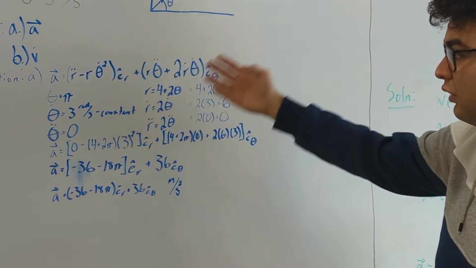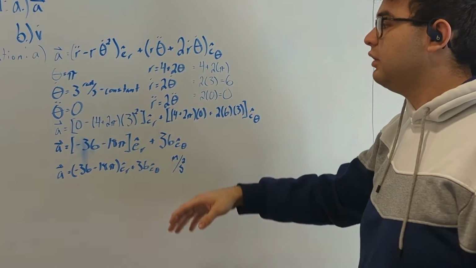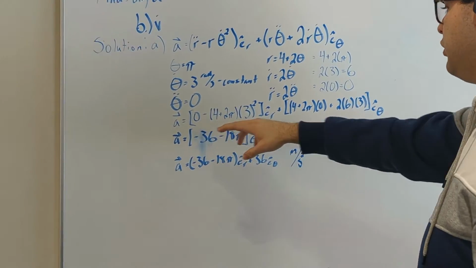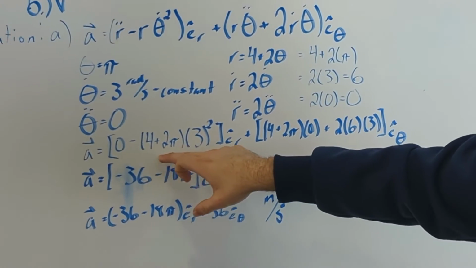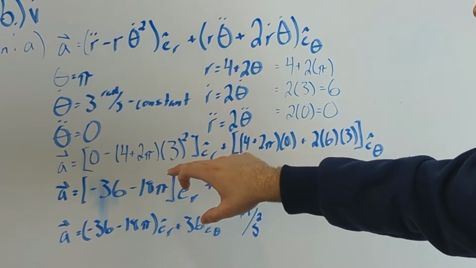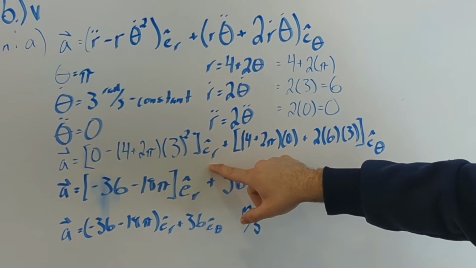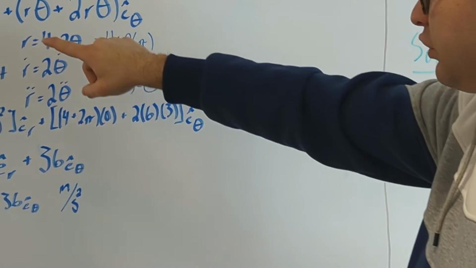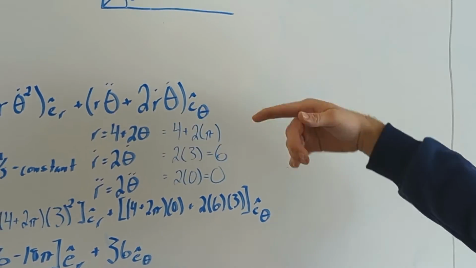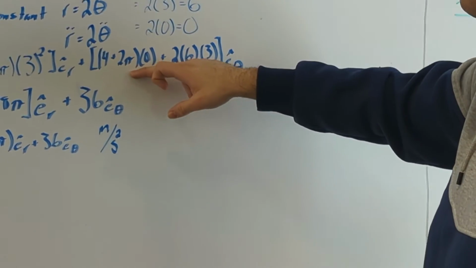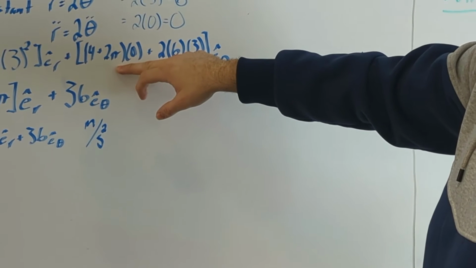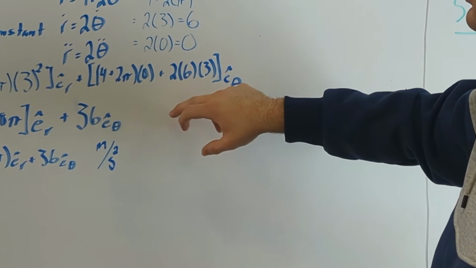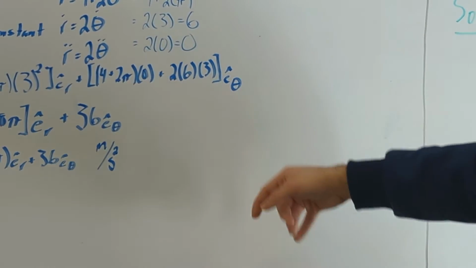Since we have all that, it's pretty much just plug and chug. Plugging in r double dot, which is 0, the first term is 0 minus (4 plus 2 pi) times 3 squared, e hat r, plus the second term, r theta double dot plus 2 r dot theta dot. So we have (4 plus 2 pi) times 0 plus 2 times 6 times 3.